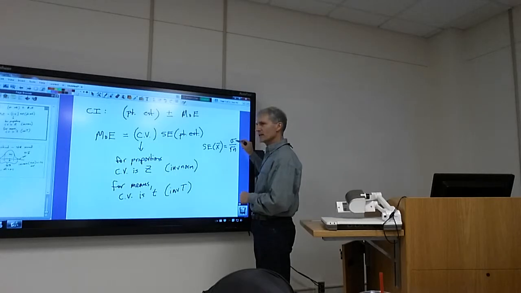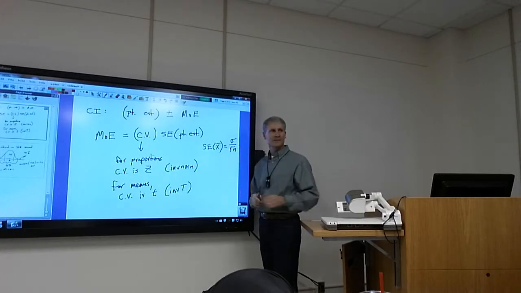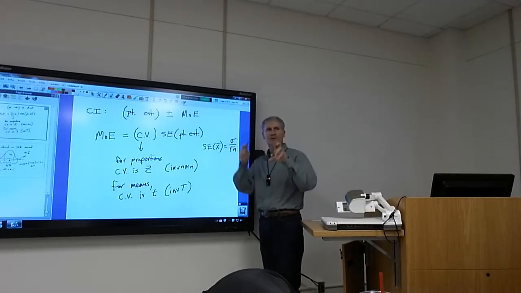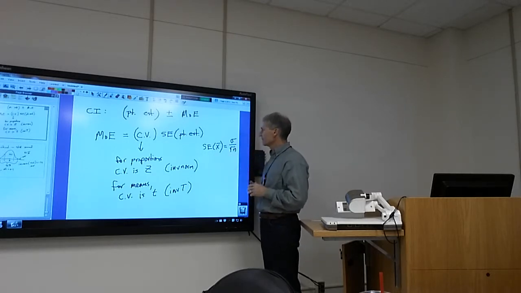Instead of sigma, in real research, you're not going to know the population standard deviation, so what do you have to put there? The sample standard deviation. Remember, anytime you need a number from the population that you don't know, you estimate it from your sample, so use the sample one of those. If it's a 2-sample problem, then it's got the square root and the S1 squared over N1 and all that. You can look that up in the book.